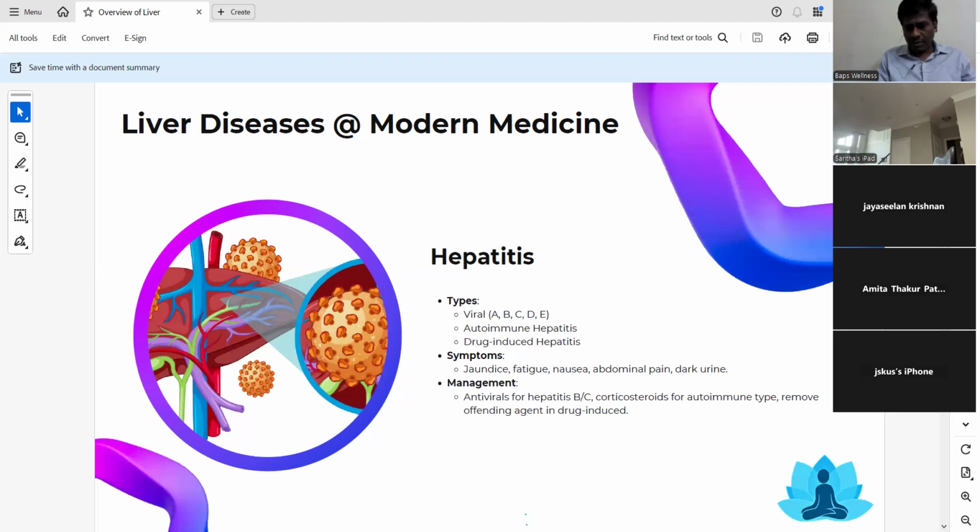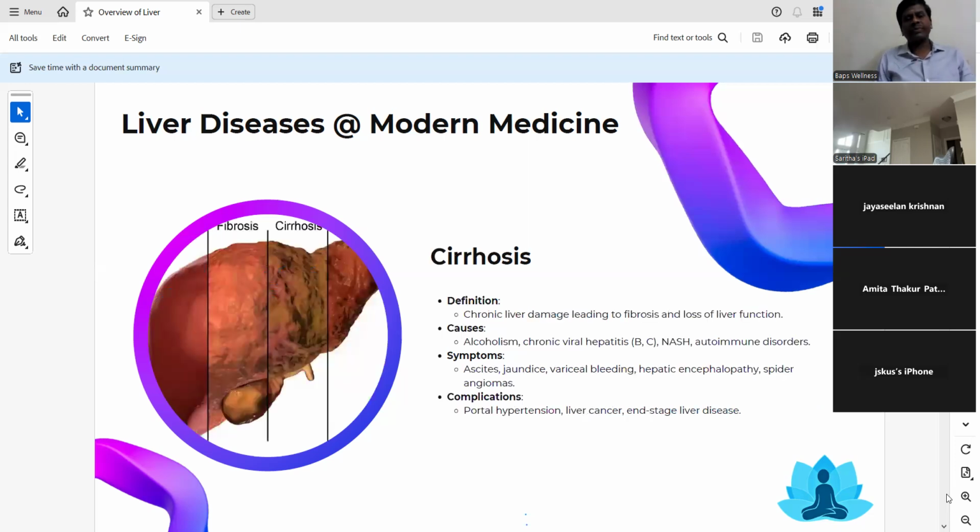In the case of drug-induced, identify that and advise the patient to check with the physician who prescribed it, and accordingly let them take the call. We should not advise anything on the drugs or medicines that the general practitioner physician or the allopathy doctors are recommending. We are not authorized to.